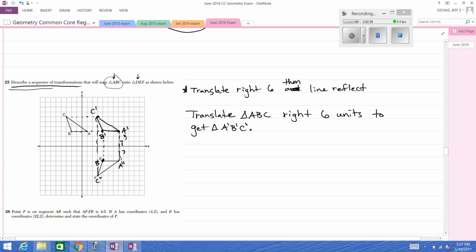And that is going to end up carrying A onto D, B onto E, and C onto F. So then we're going to line reflect triangle A prime, B prime, C prime over the x-axis to get triangle DEF. All right, and that's what's going to do it right there.